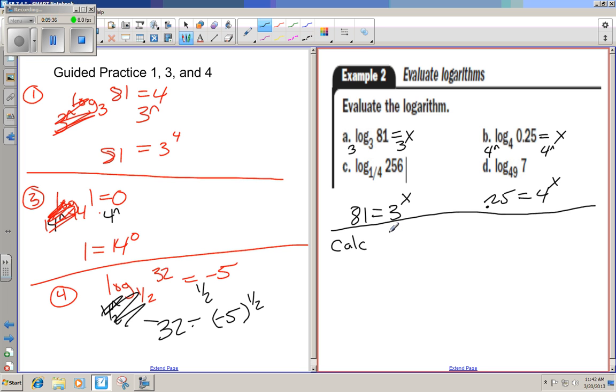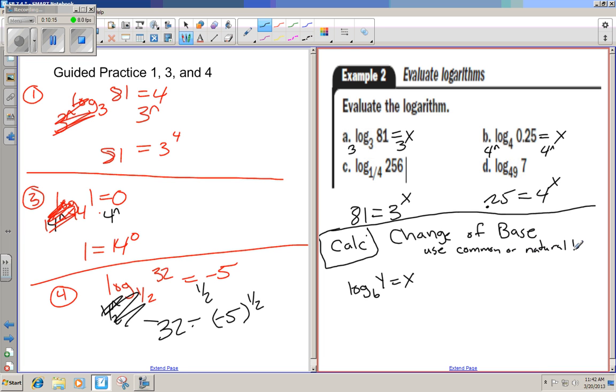In the next couple sections, you can use the calculator, and you can use something called the change of base formula. The change of base formula is going to help you evaluate and graph logarithms. It tells you to take log base b of y equals x, where base b could be anything, and change the base using common logs or natural logs.